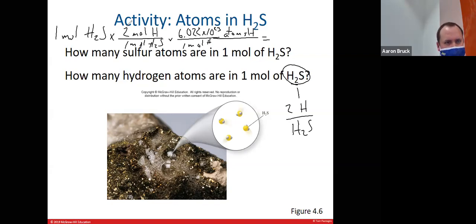And so this time it's 2 times Avogadro's number, which would give me 1.204 times 10 to the 24th atoms of hydrogen.